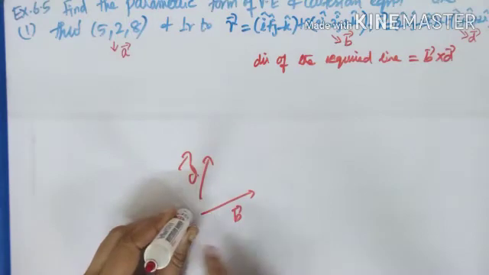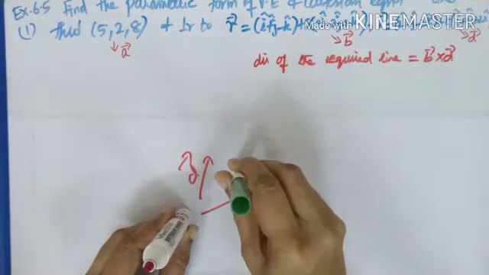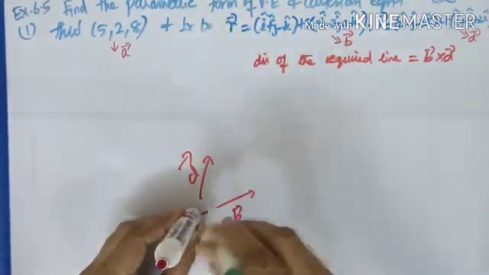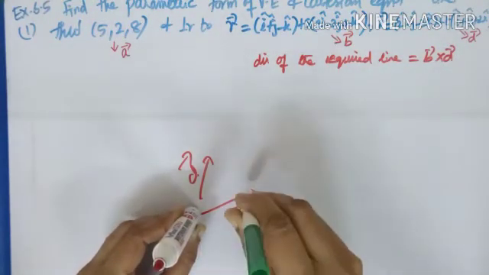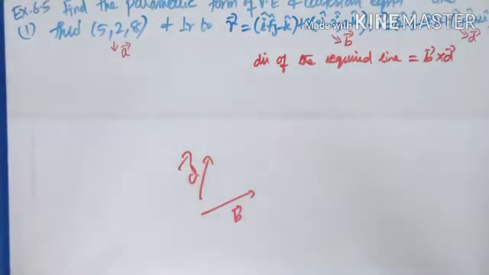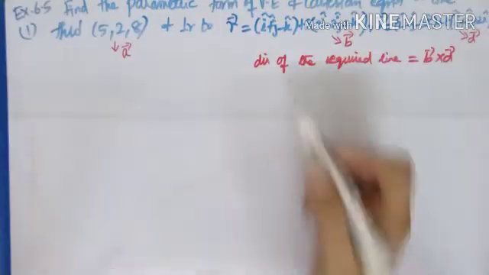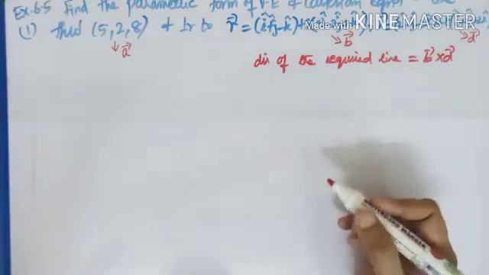Already we know for B and D, B cross D is perpendicular to B and D, and this given line is also perpendicular to B and D, means these two are parallel. So the required line will have the direction B cross D. So let us remember, whenever they give you perpendicular to two lines, find the cross product of the direction.